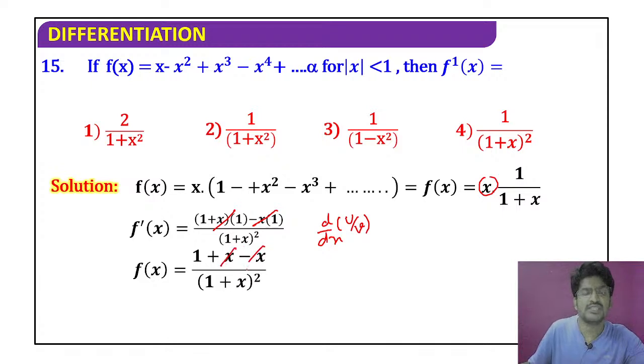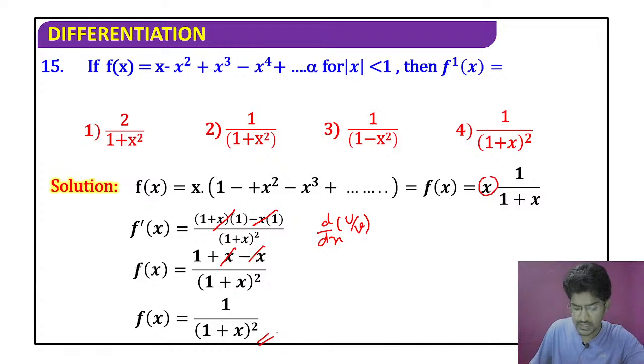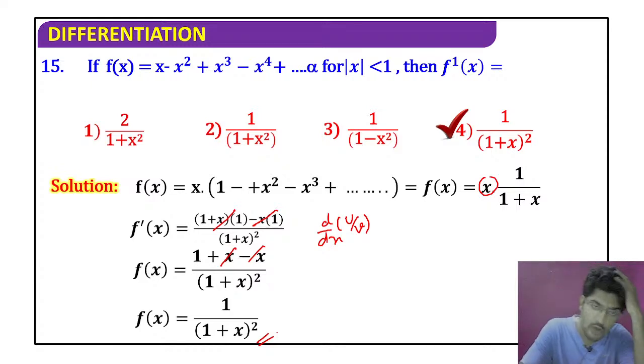Therefore, 1 divided by 1 plus x whole square is your required result. Okay. So from your 15th problem, option 4 is the right answer. Option 4 is the right answer.